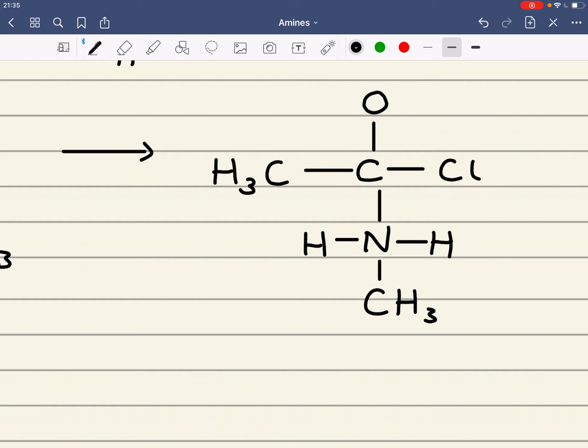So in this intermediate structure, you've got to make sure that you've got your lone pair on the N, lone pair on the oxygen, sorry, and a negative charge on the oxygen and a positive charge on the nitrogen. Then we need 3 curly arrows: one from the lone pair on the O, reforming the oxygen carbon double bond, from the centre of the C-Cl bond to the chlorine, and the centre of the N-H bond to the N. So remember that when bonds break heterolytically, the pair of electrons will always go to the most electronegative atom.